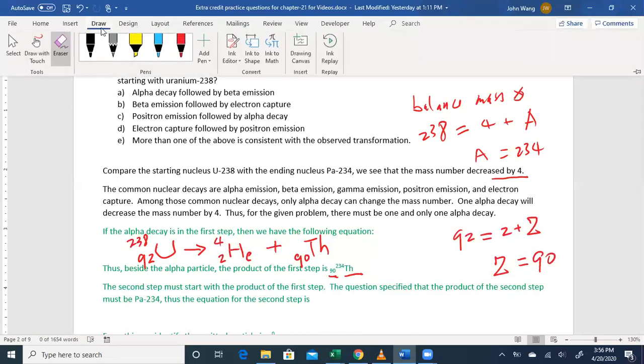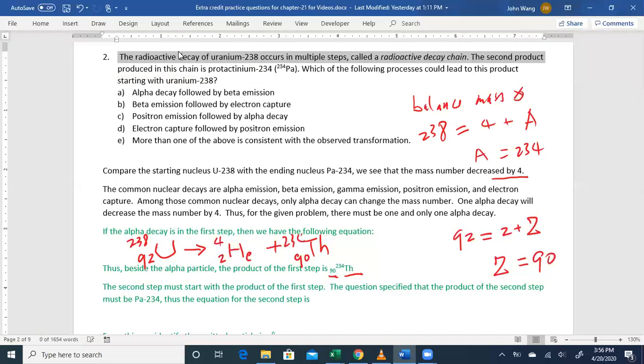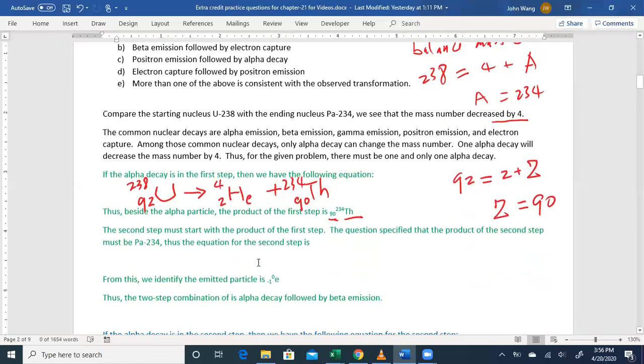So this is thorium 234. Okay, so now the second step must start with the product of the first step. We're not going to start with the alpha particle. So we'll start with this thorium 234.